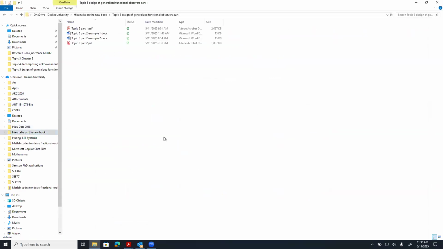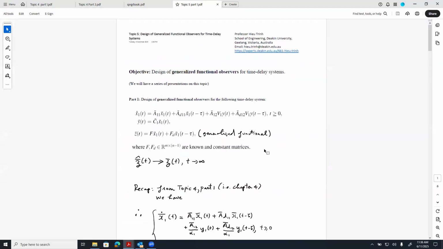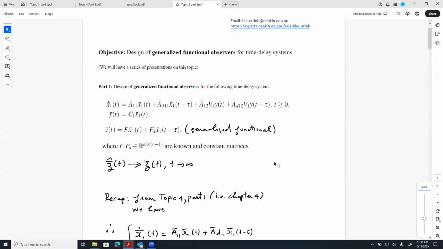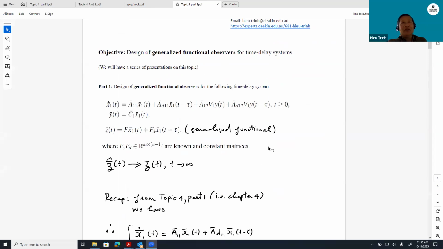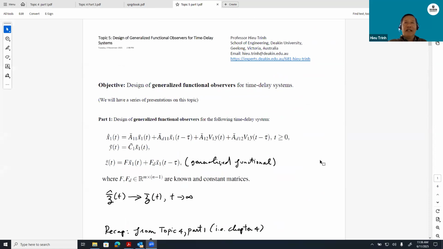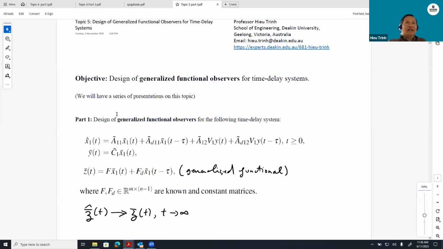Okay, so in the next presentation we're going to look at topic 5, because now it's timely for us to actually do it, because we demonstrated that we need to develop generalized functional. So please join me in the next video, where we're going to design generalized functional observers for this class of time delay system.